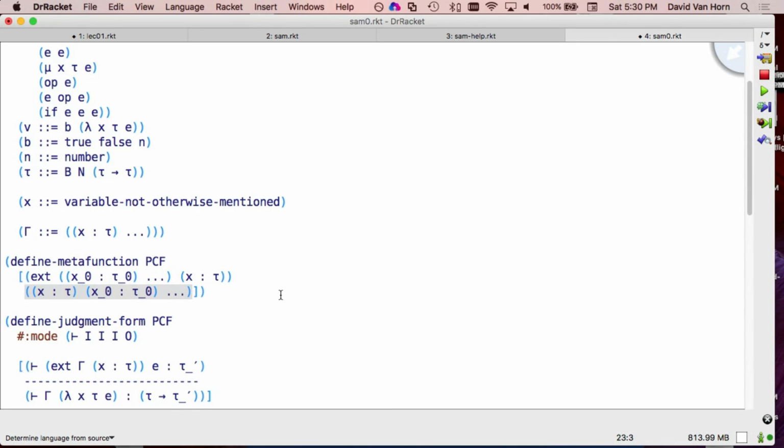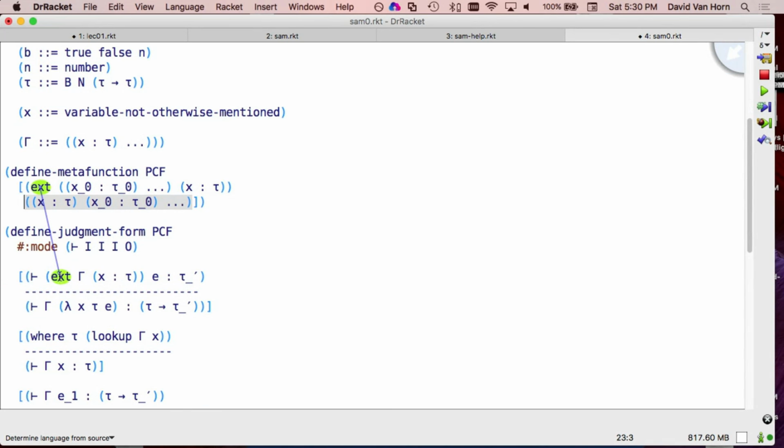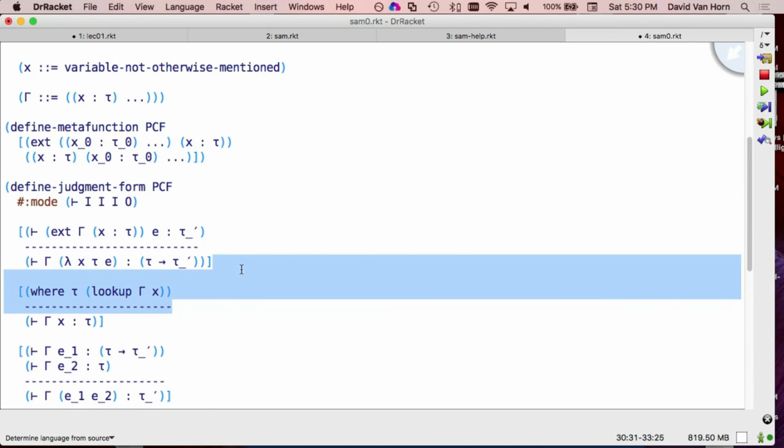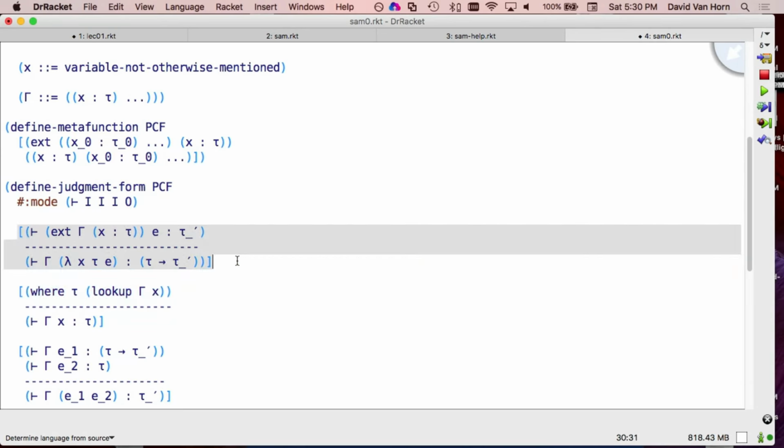We'll see that. Now my type environment extension metafunction is defined, and if I hover over its use here, I get an arrow from the definition to this occurrence. So the lambda case looks pretty good now.